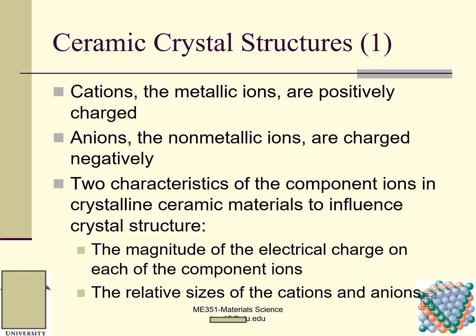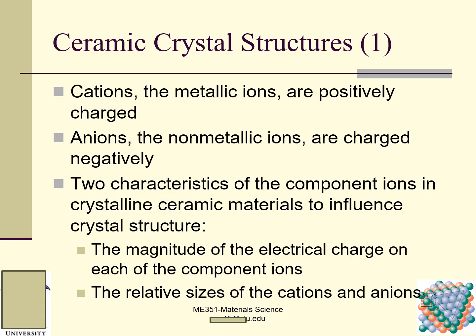And for ceramic crystal structures, we need to know that we have cations. Cations are the metallic ions and are positively charged. This is one cation. Anions are the non-metallic ions and are negatively charged.